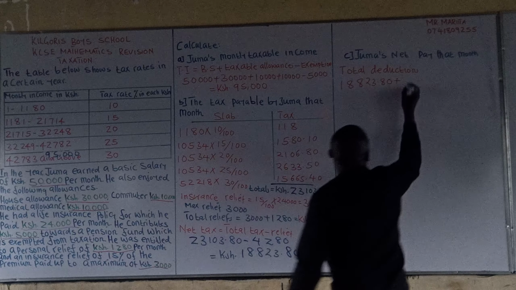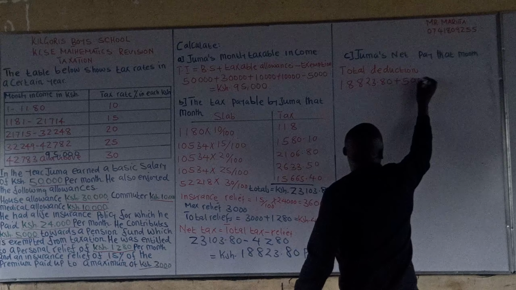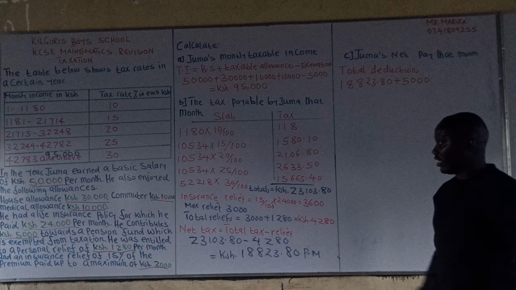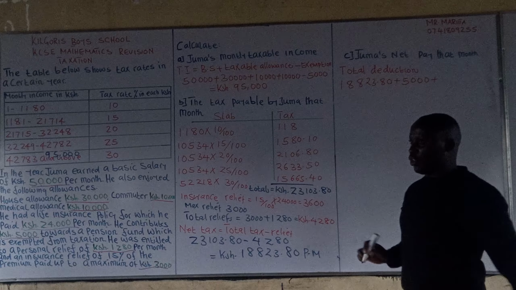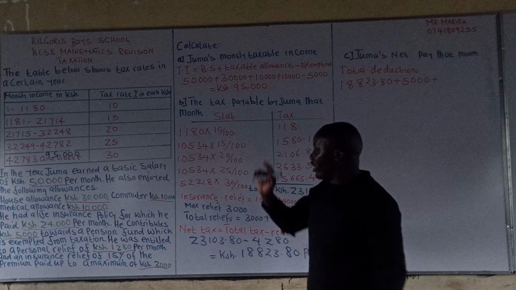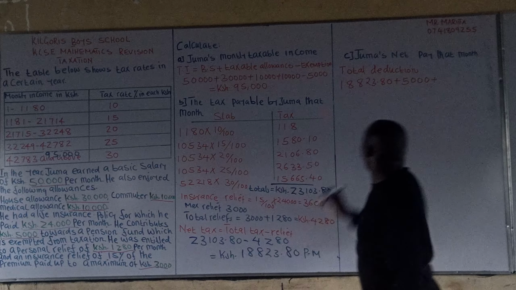So we have that 5,000, and remember this 5,000 is exempted from taxation, and that is why we subtracted it there. He also had another deduction of the life insurance policy, which is now paying 24,000 per month.